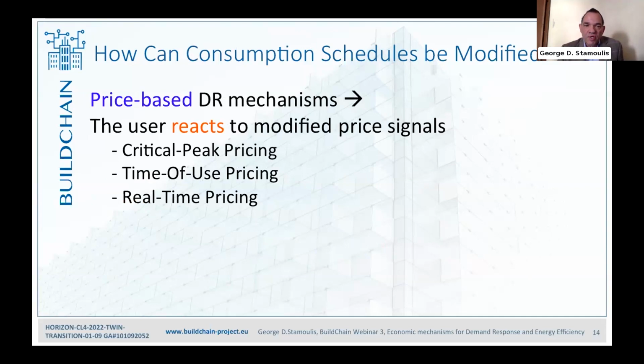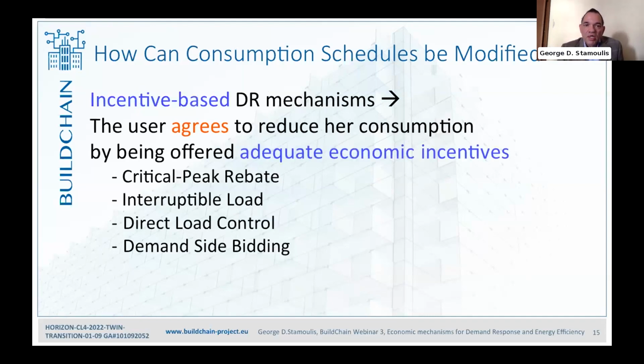For example, we can have critical peak pricing where, let's say, we are in the summer in Greece and we are expecting 40 degrees of temperature, then the retail price is increased in order for users to reduce their consumption of air conditioning. So this is one way.